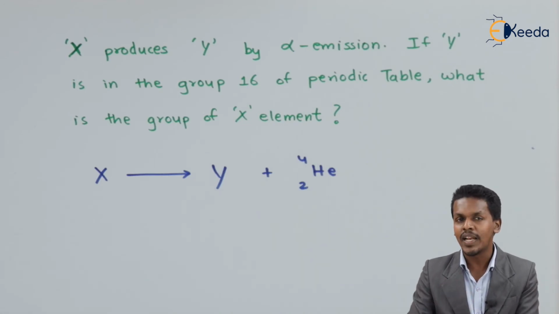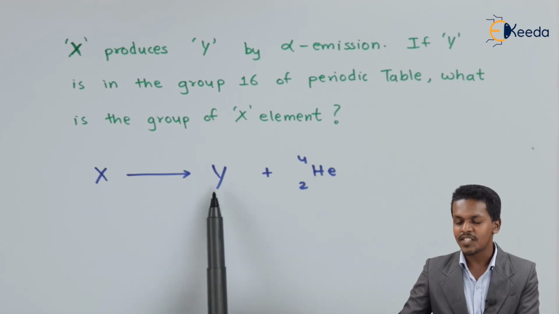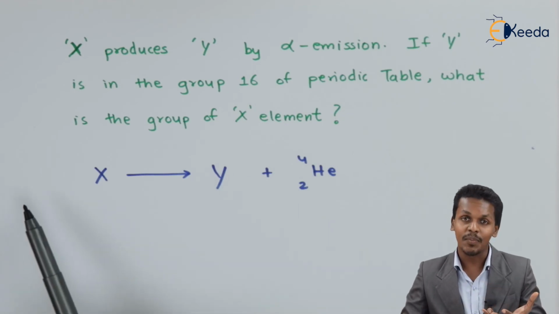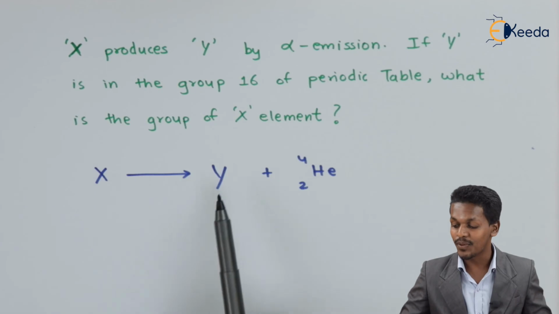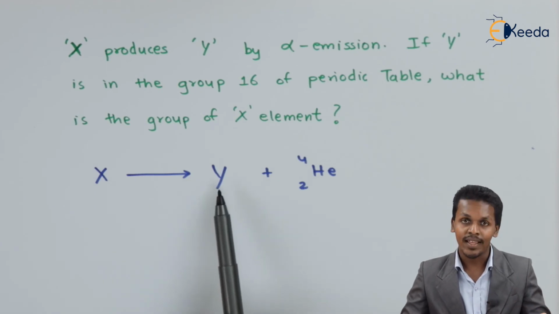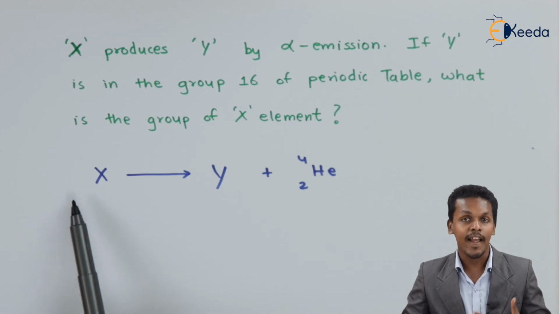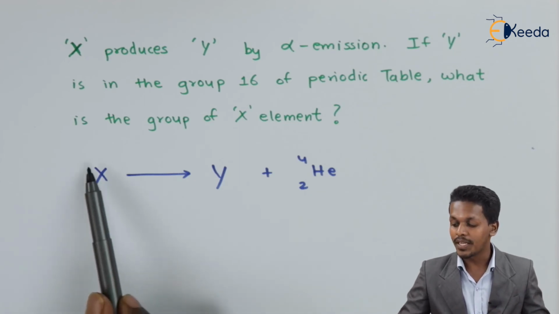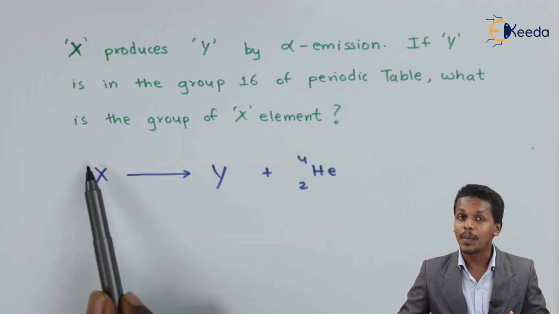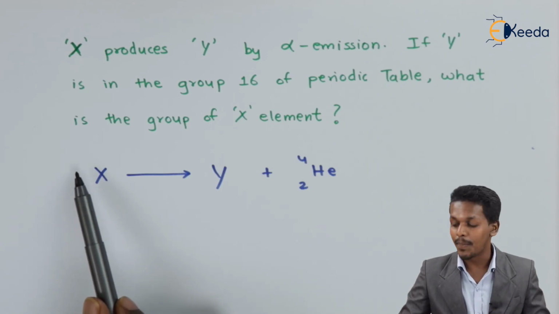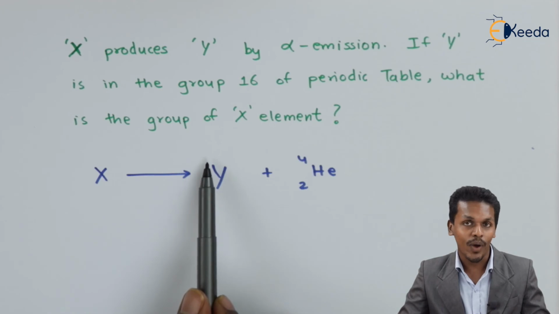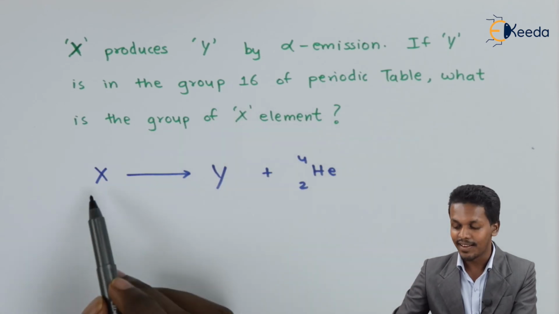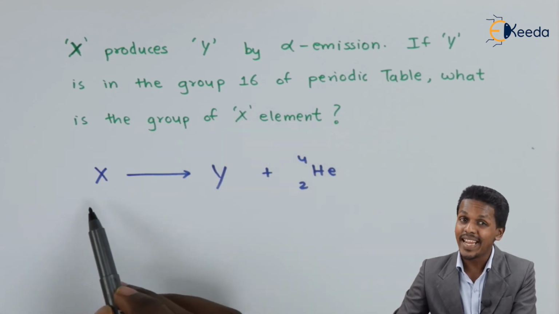This Y has been produced from the element X, which has a higher atomic mass number as well as a higher atomic number than the element Y. The atomic number of X will be more by 2, and the atomic mass number will be 4 more compared to that of Y. So if Y belongs to group 16, then X will belong to group 18.